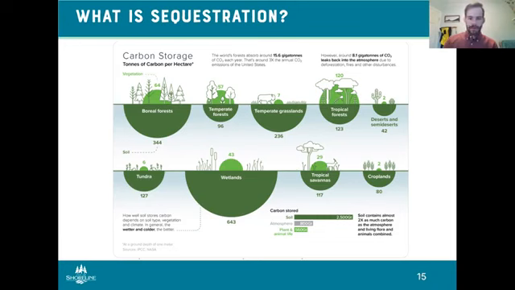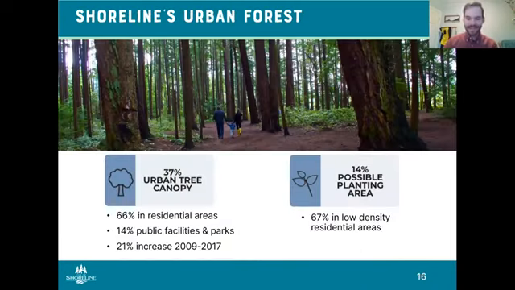And next slide. So looking at trees, looking at shorelines, urban forest, which is really just this incredible system and asset that we have here as a community in Shoreline. This is data from our 2018 urban tree canopy assessment.